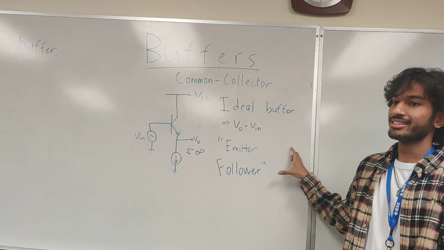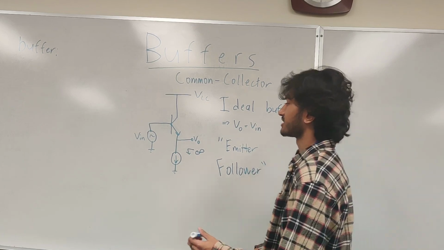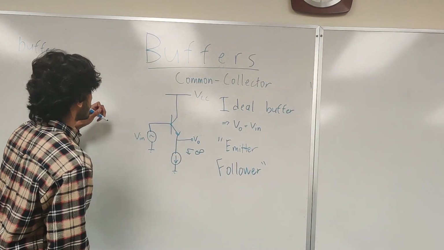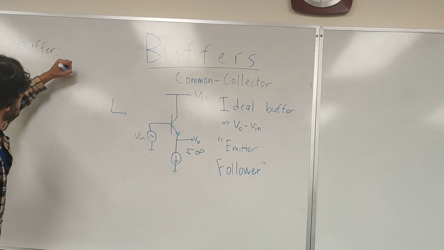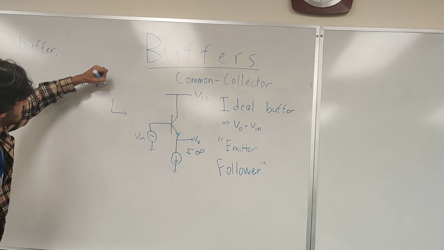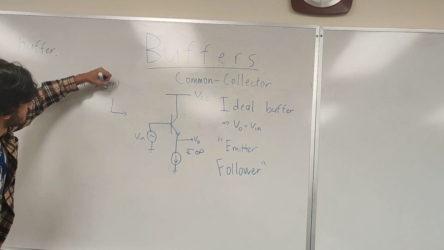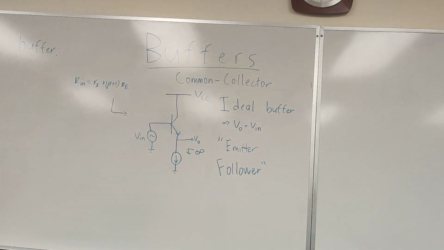So this is ideal. If we can have something like this as a buffer, it's fantastic because, as we talked about before, sorry, I'm going to try not to cover the board here, our input resistance is going to be R pi plus beta plus 1 RE, right?